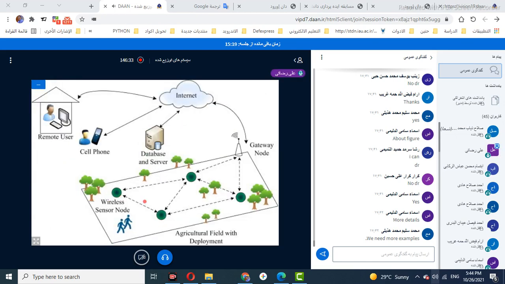And then they have this operator here, this remote user here. For example, he's the manager, and this farm is in a different city, for example, Shiraz, another city. And this is the farmer.